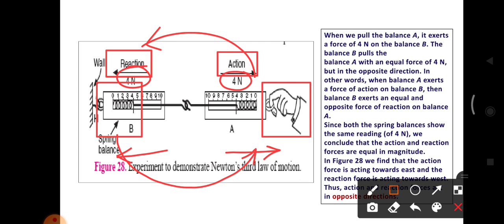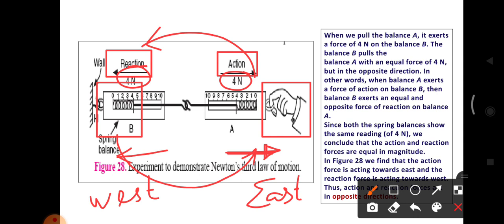and here spring balance A moves to the east side and the other spring balance moves to the west side. So the directions of the two forces are different.